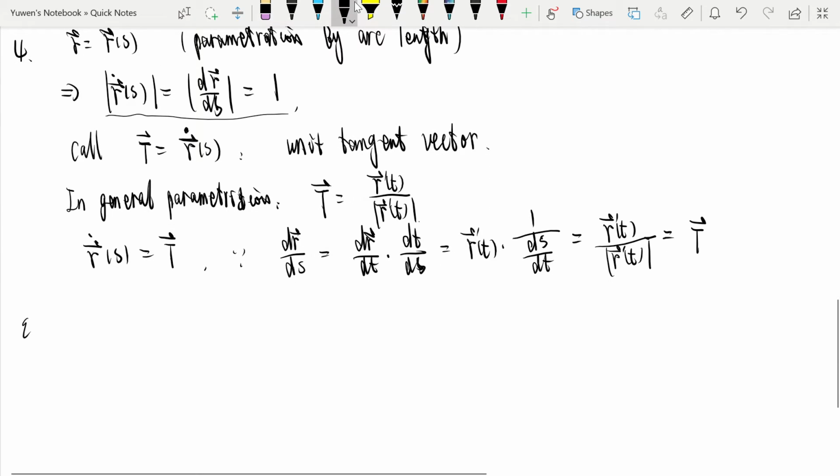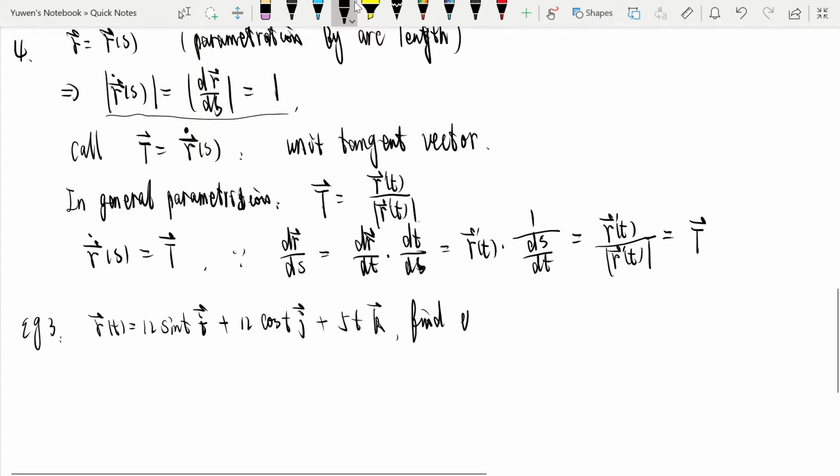Okay, let's take the third example. If r(t) is 12 sin t i plus 12 cosine t j plus 5t k.